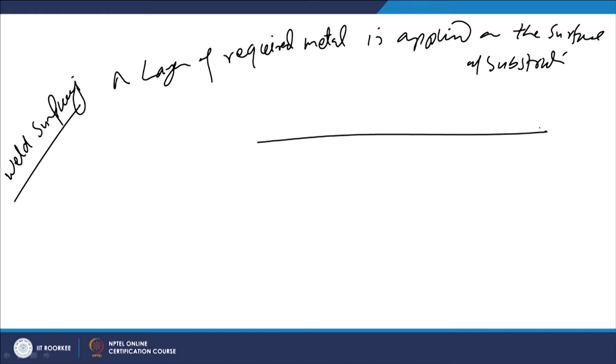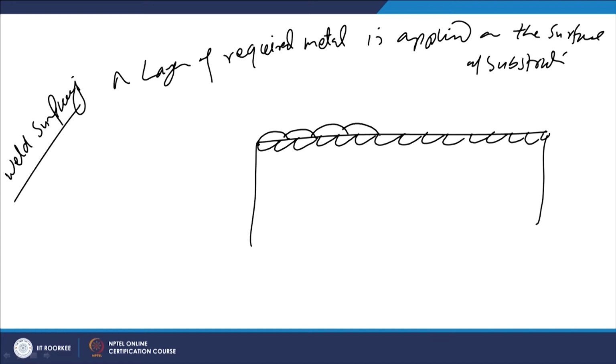So, this is the surface of the substrate. We have to melt the substrate material up to a certain depth while depositing the selected material onto the surface like this. This kind of layer is called a bead-on-plate weld.